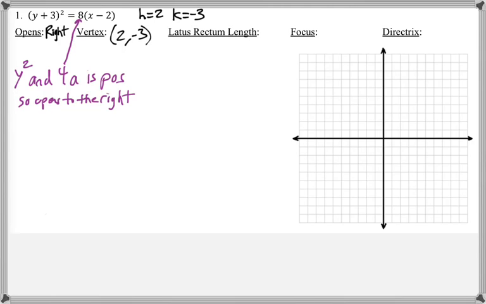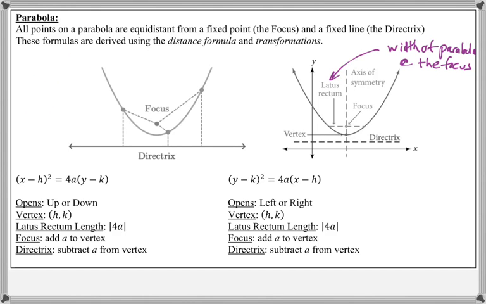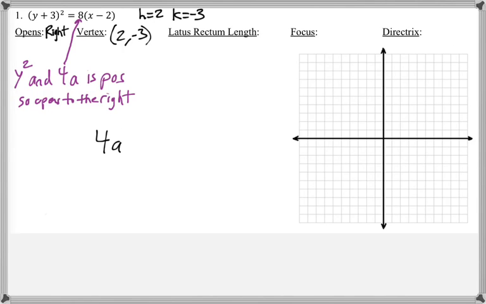Next I want to look at 4a. 4a in the formula is right here. In my problem, I have an 8 right there. So 4a is equal to 8, and that's really going to be the latus rectum length, or the width at the focus.